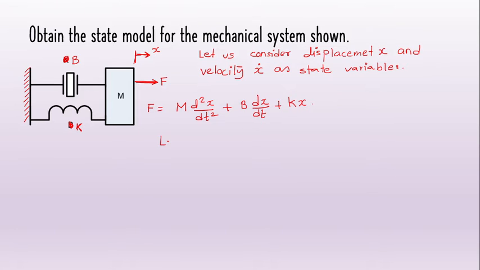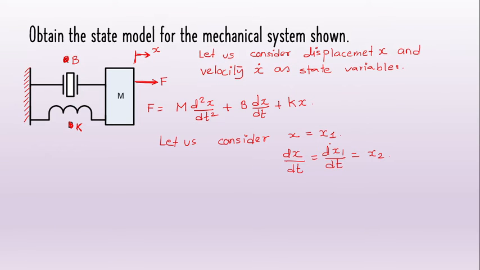So let us consider displacement, that is x, equal to the first state variable x1, and let us consider x dot, that means dx by dt, which is dx1 by dt, equal to my second variable x2. So these two things I am going to consider.